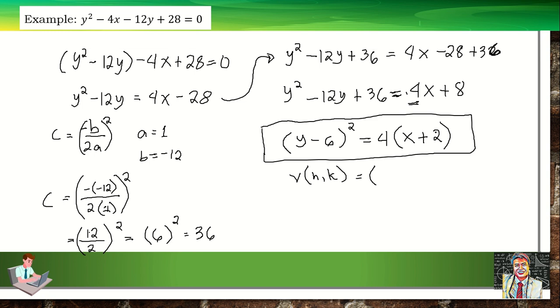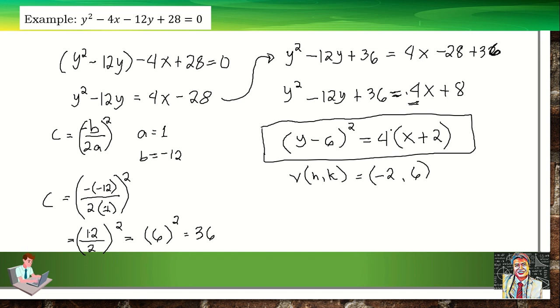So, therefore, since ito ang kasama ng x, yung 2, yan yung magiging value ng h. I-reverse natin siya dito. Kung positive siya dito, that will become negative 2 dito sa h. And then, since ito ang kasama ng y, so therefore, this is the k coordinate, the y coordinate, the 6. Since negative siya dito, gagawin natin siyang positive dito. So, this is the vertex.